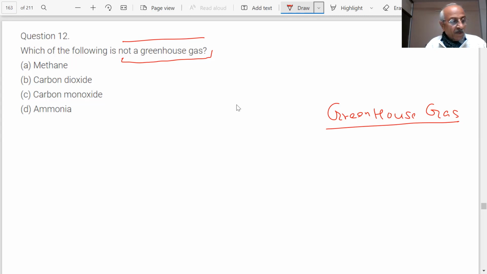What is the answer? The greenhouse is generally used for keeping various types of plants. That is not our question here. What does the greenhouse gas do?